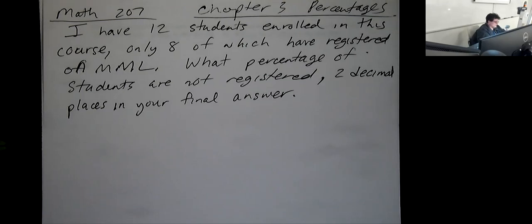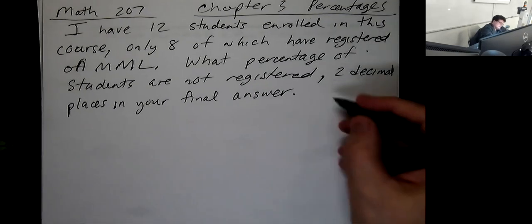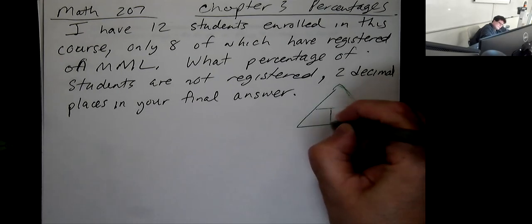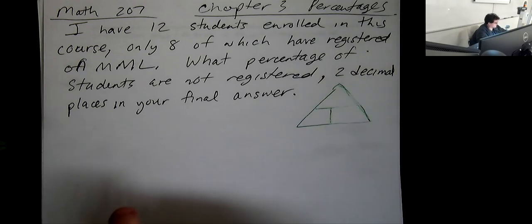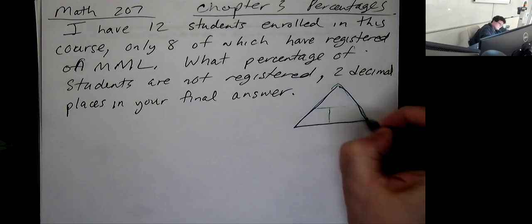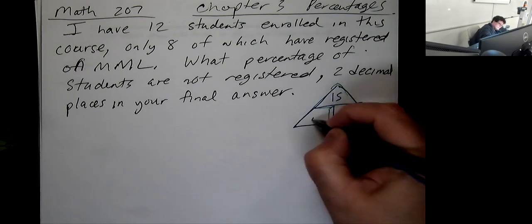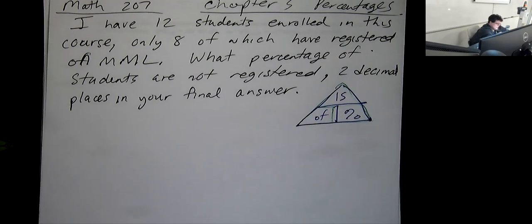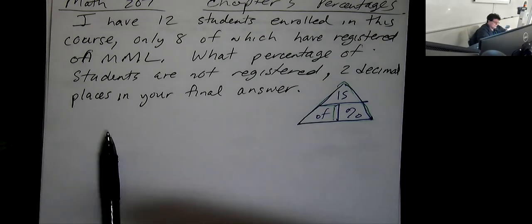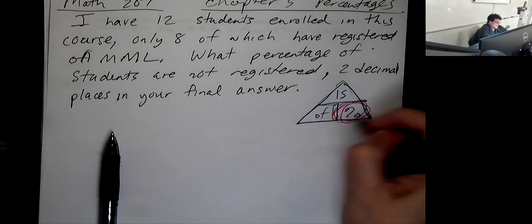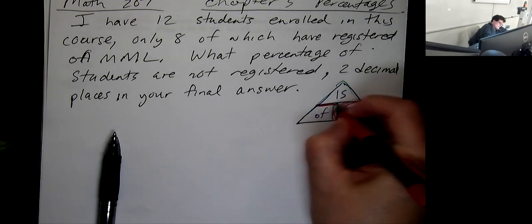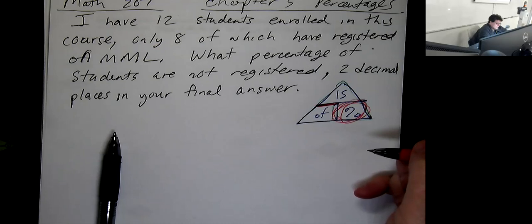So if we do that triangle thing, which one of these things am I looking for? We're looking for the percentage, right? So we should have the rest, and we're going to have some number divided by another number.